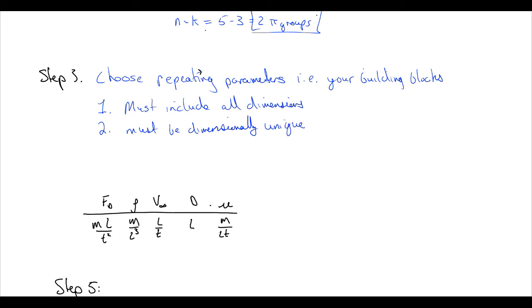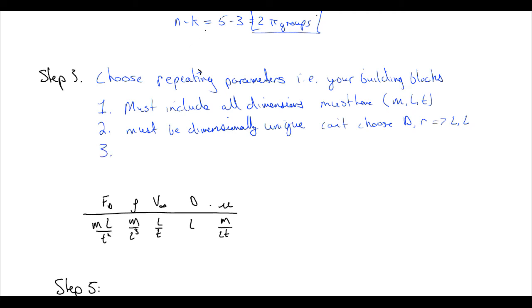So in other words, this one basically says we must have mass, length, and time. This one says we can't choose, for example, a diameter and a radius, because those both have length and length. They're not dimensionally unique, so you can't choose diameter and radius.